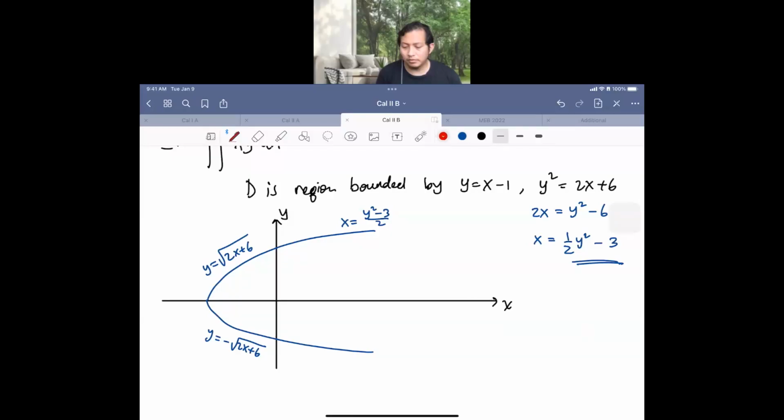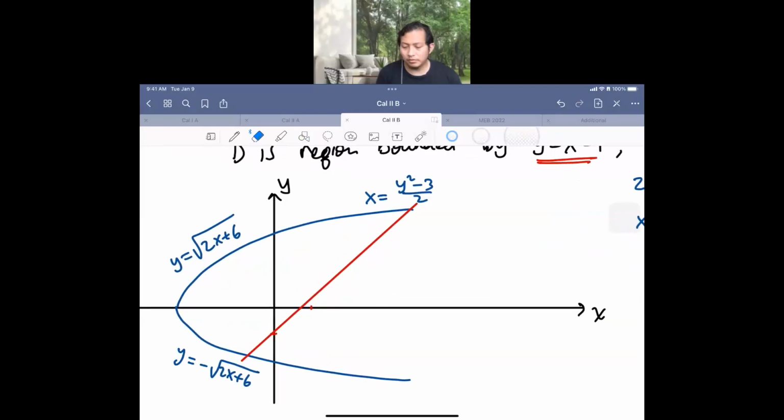Now the line y equals x minus 1 should be going here, probably here. It is supposed to be connecting to the curve.